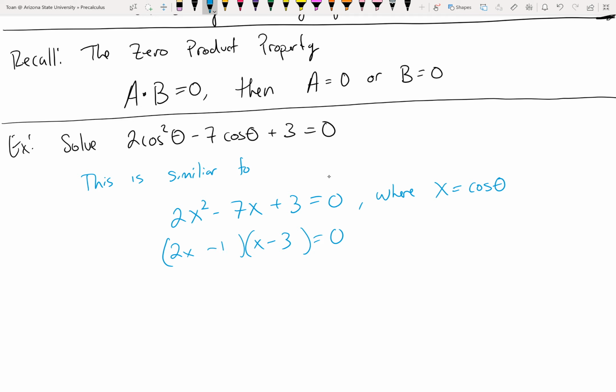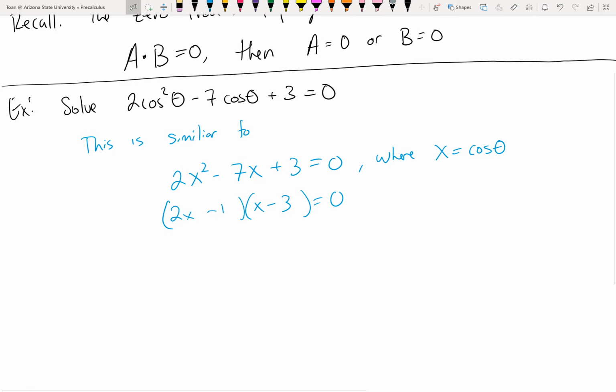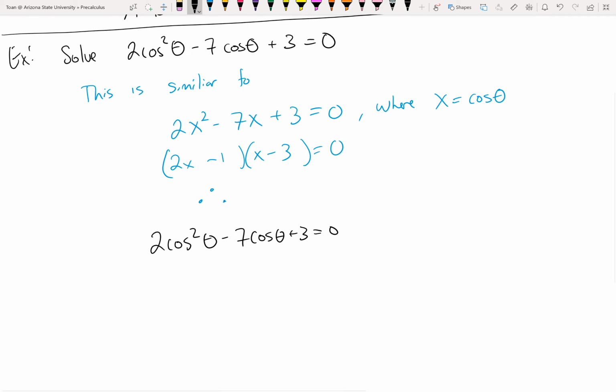So if this problem factorizes into 2x minus 1 and x minus 3, then I know, therefore, switching back to black, 2 cosine squared theta minus 7 cosine theta plus 3 equals 0 should be the same as 2 cosine theta minus 1 and then cosine theta minus 3. So see how it's the same technique, except instead of regular x's, we're dealing with cosines now.